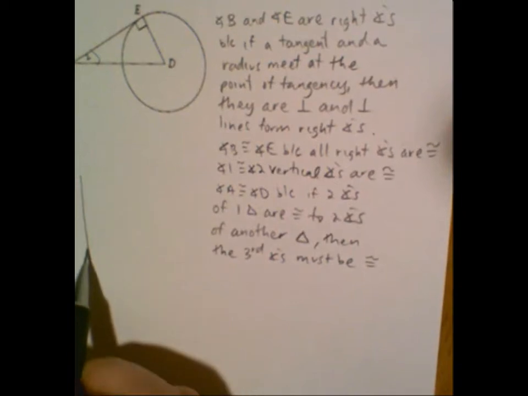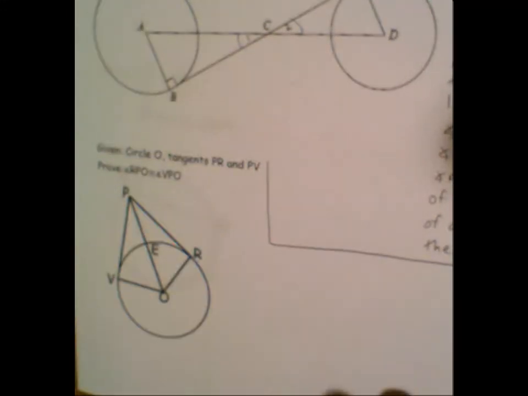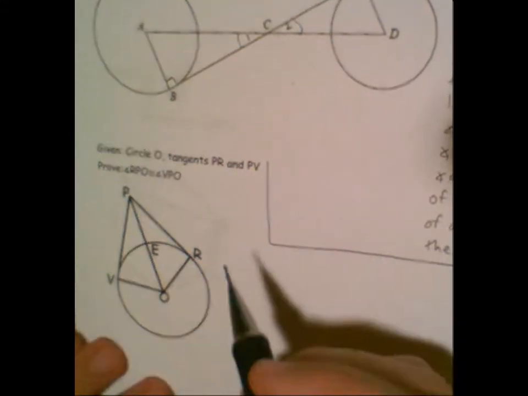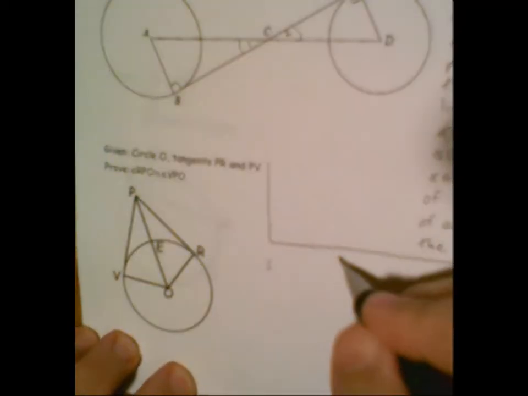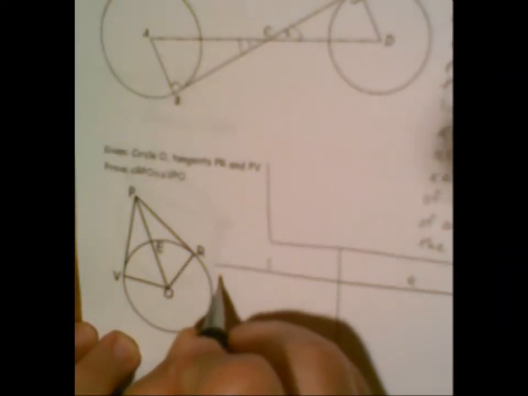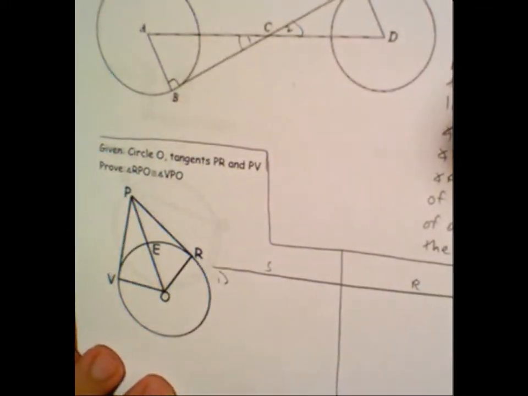For this one over here, I'm going to make this into a statement-reason proof. So, starting here, statements, reasons. Tangents PR and PV.